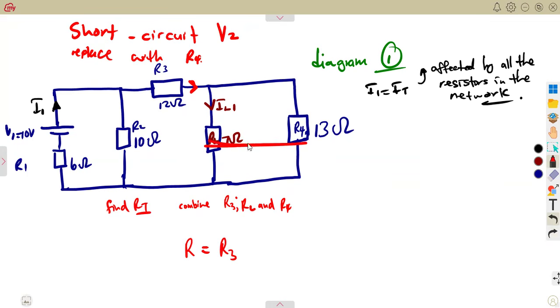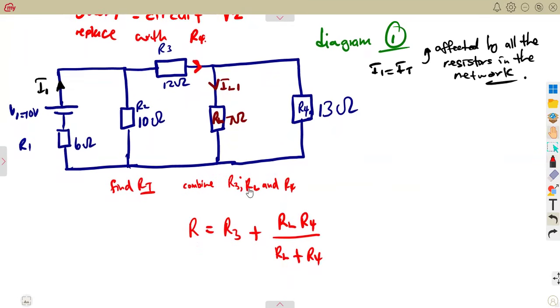Then these two, they are in parallel, so you're going to use product over sum there. So you're going to add the product over sum of RL and R4, that's RL plus R4 like this. This is the combination of R3, RL, and R4 combined together, guys.